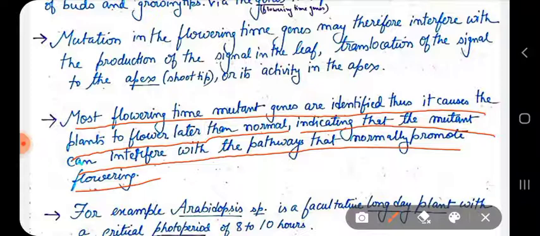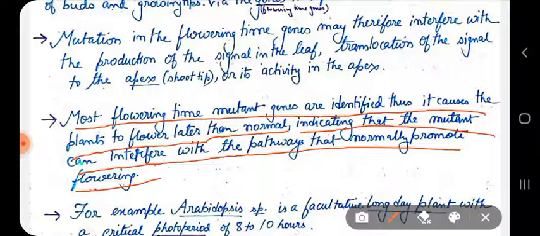So the genes responsible for flowering, we will see them one by one in detail. These flowering time genes, if they get mutated, cause a delay in the flowering, as I have said, and that indicates that the mutant form of flowering time genes can interfere with the pathways that lead to the flower development.